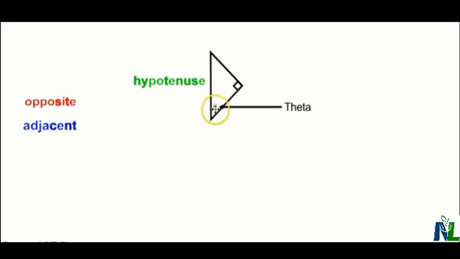So again, the adjacent side, as simple as it is, touches the angle of interest, or that theta. The opposite side is directly opposite to that. And that's the introduction to the sides of the triangle. As we move further, this becomes really easy, and you'll be able to identify them quite quickly.